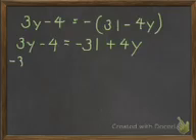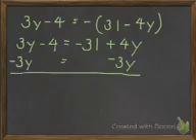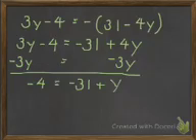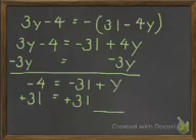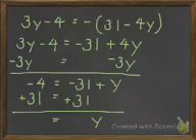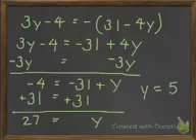Now taking away the smaller y coefficient from both sides to avoid a negative y coefficient if possible, we get minus 4 is equal to minus 31 plus y. Finally, let's add 31 to both sides. And we get y is equal to 27. So our solution is y equals 5, that was from the first equation, and y equals 27.